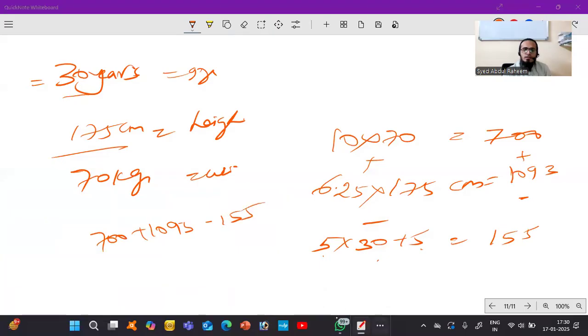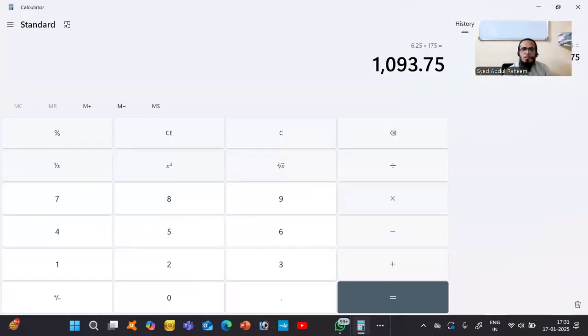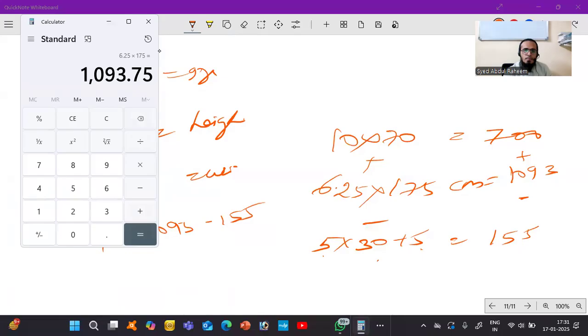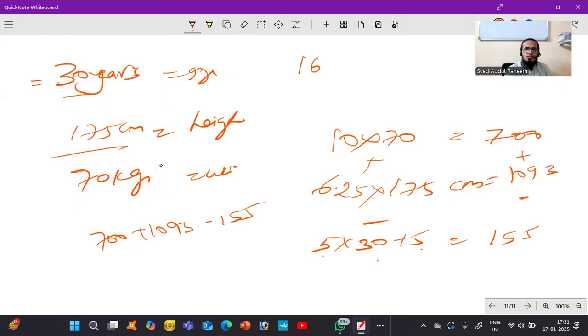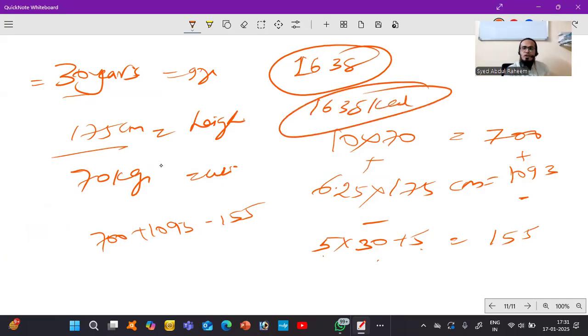Let's check: 700 plus 1093 is 1793, minus 155. So he requires 1638 kilocalories on a daily basis.